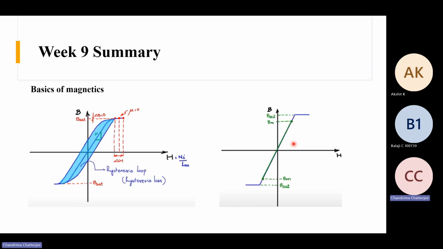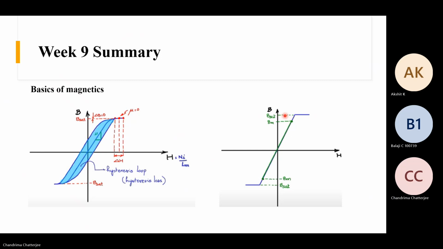We can simplify this curve. In this knee region, we can make a piecewise curve. Here it is completely linear and then it becomes flat. Although the actual curve is not like this, we can approximately use this piecewise curve. So linear and then flat.